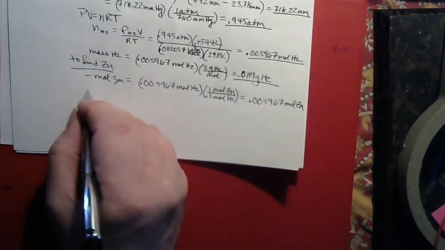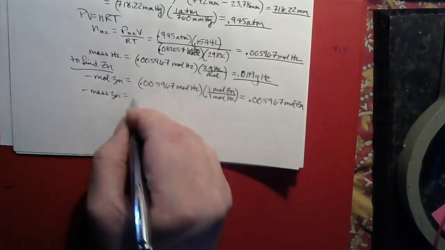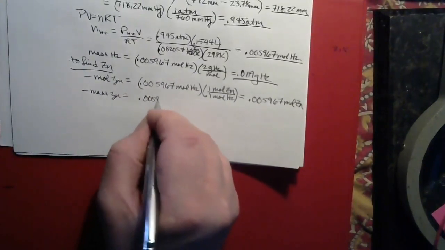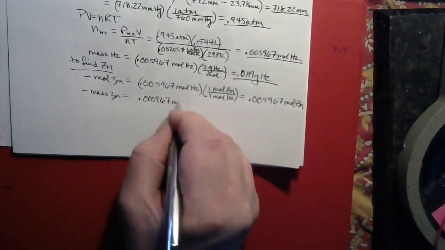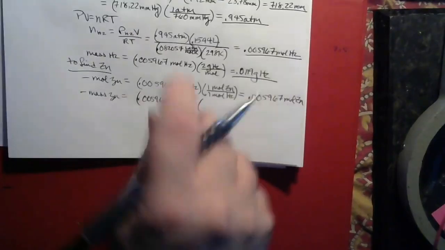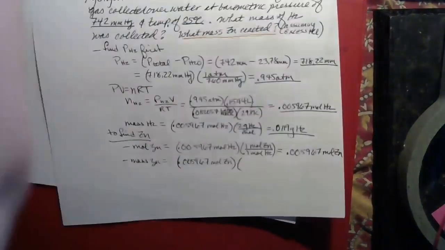And mass of zinc is just going to be moles times the molar mass. And the molar mass of zinc is 65.38.